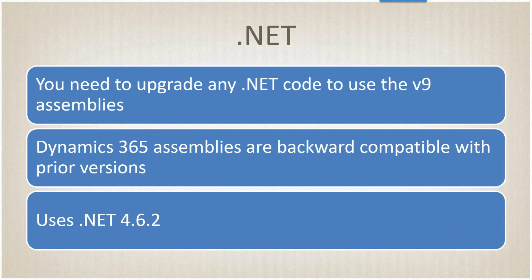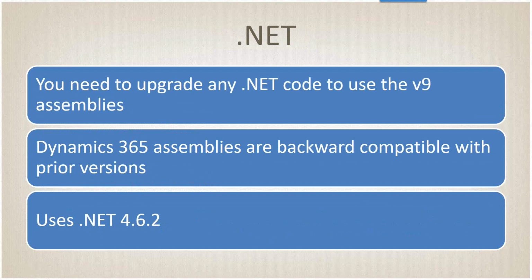For instance, I found out the hard way. I was using the 8.2 versions of the assemblies and they worked fine with the version 9 preview. And then when version 9 general availability hit, it stopped physically connecting. That caused me to basically scramble, and I had to update my project.